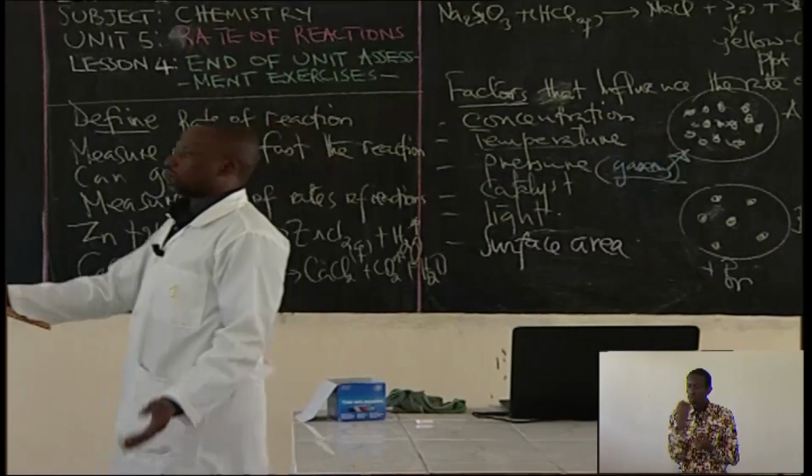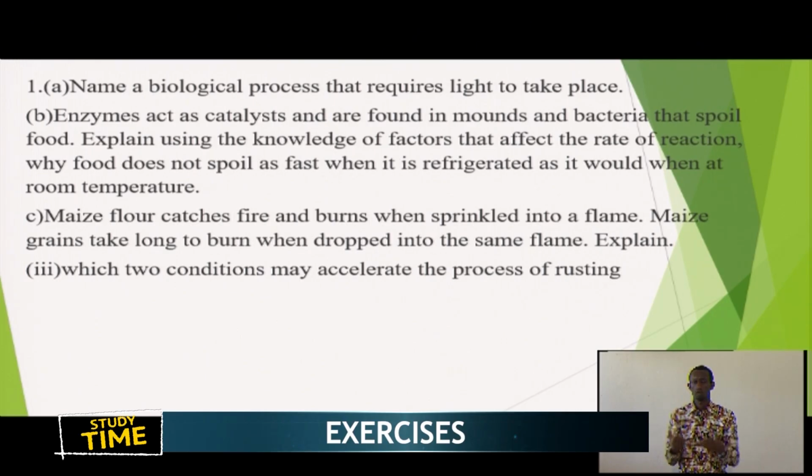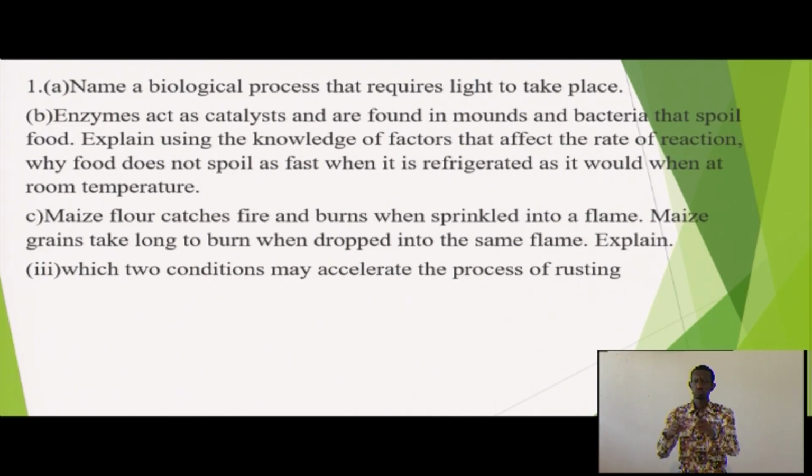Which two conditions may accelerate the process of rusting? Rusting is a process that takes longer, some days. So which other two conditions do you think can accelerate the process of rusting?